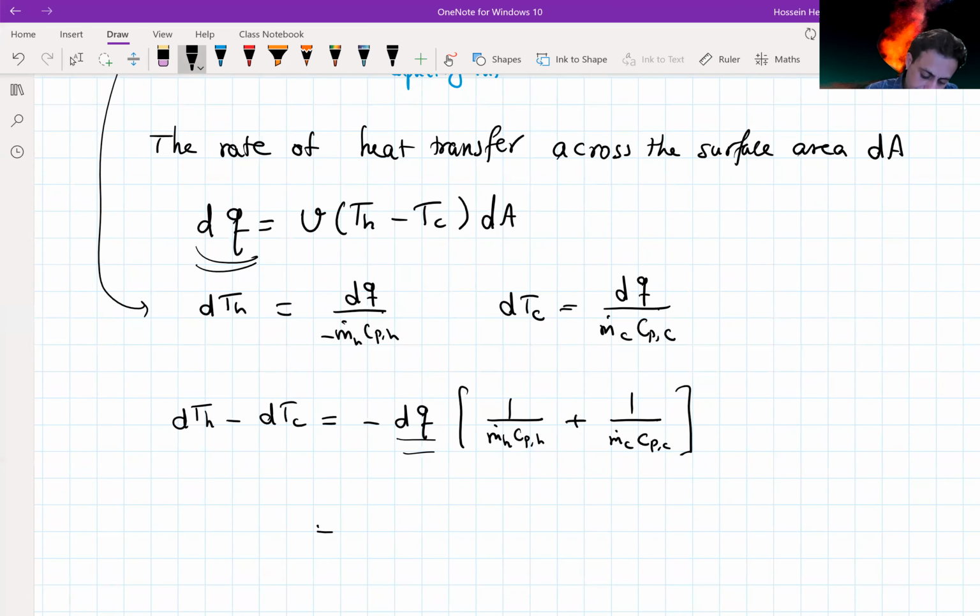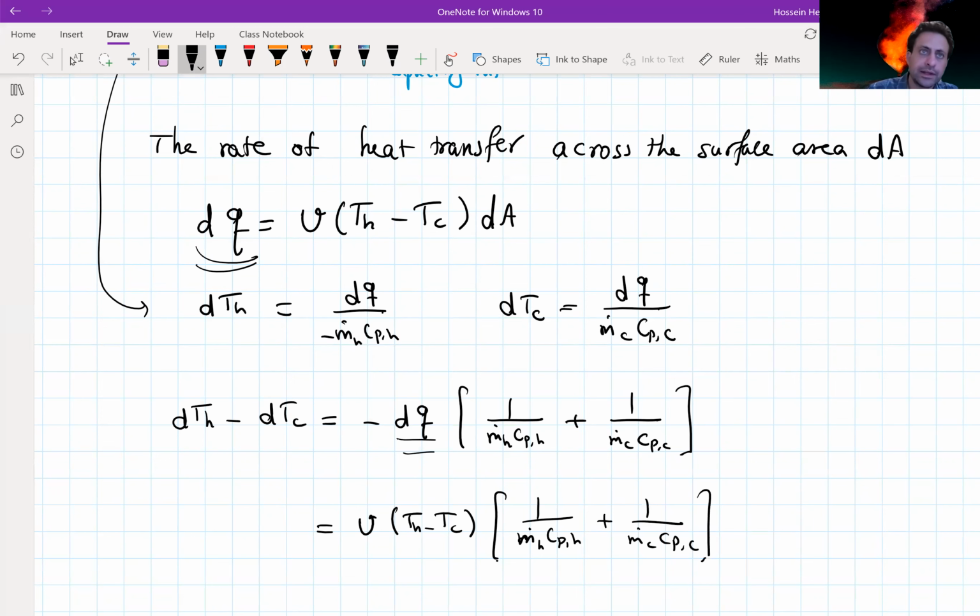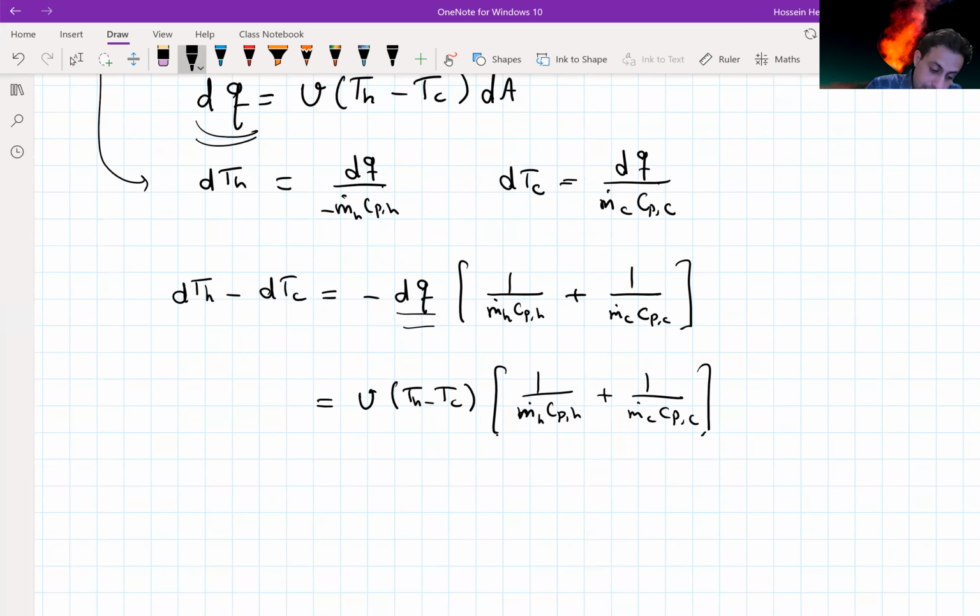This is going to be equal to U (Th minus Tc) times (1 over m dot h Cph plus 1 over m dot c Cpc) times dA.